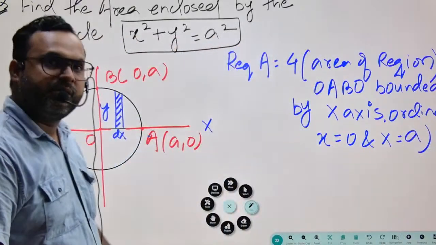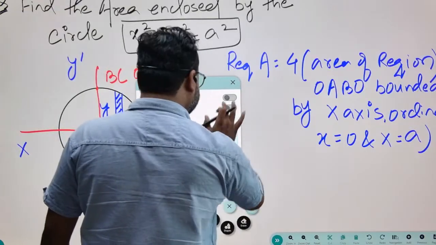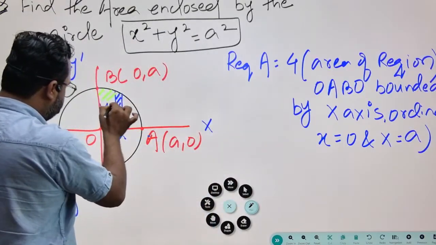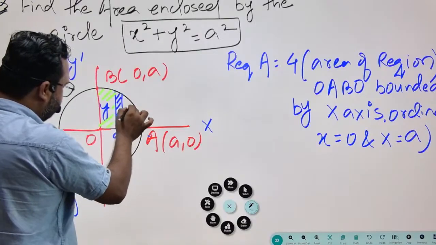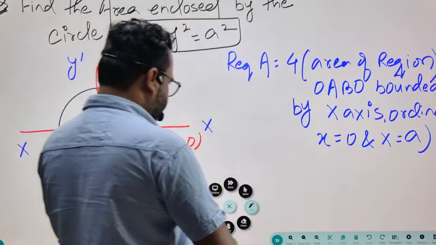Okay, so we need to find the area of this region. This is the shaded region, right? Clear? Now, simply integrate.